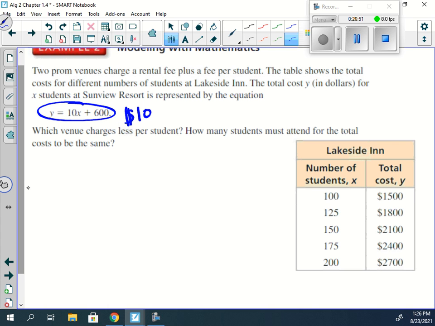Now, the other one didn't give us a cost per student for Lakeside Inn, but how can we go about finding it? Slope.